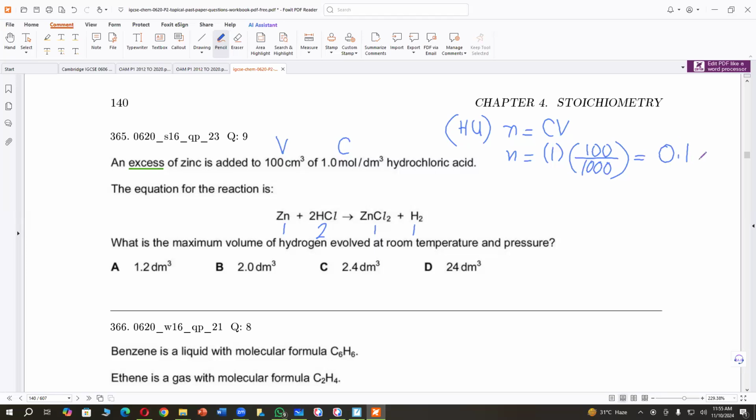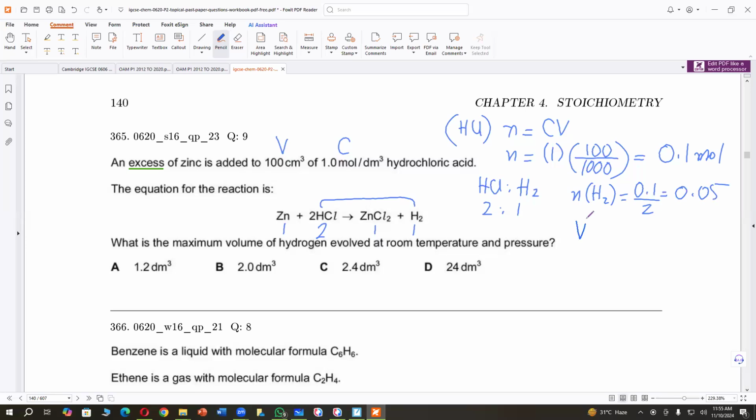0.1 into 1, 0.1. Okay. Now HCl and hydrogen make a connection. 2 moles of HCl give 1 mole of hydrogen, so 0.1 divided by 2. Number of moles of hydrogen will be 0.1 upon 2, 0.05.